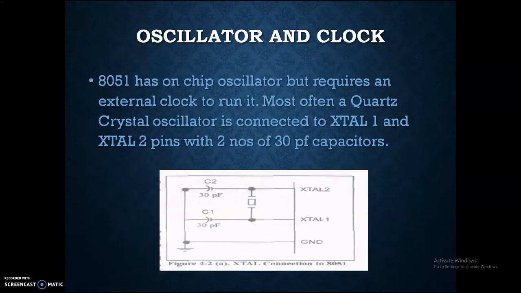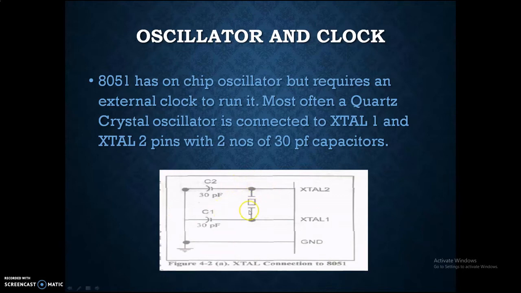Now we will start analyzing the oscillator circuit. As we have already discussed, pin number 18 and 19 are for the dedicated crystal oscillator circuit. And in the block diagram, if you can remember, the crystal frequency is 11.0592 megahertz.